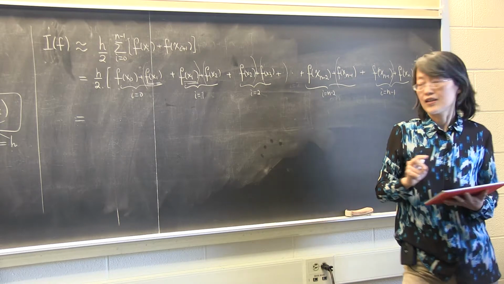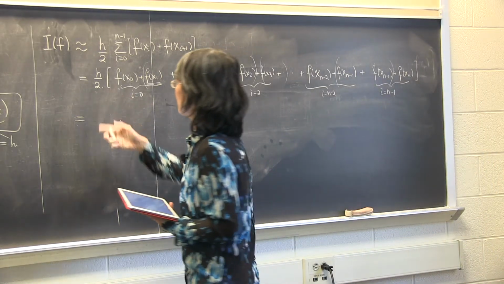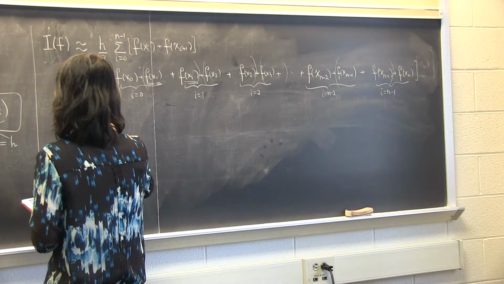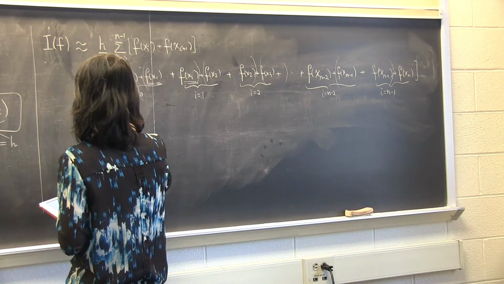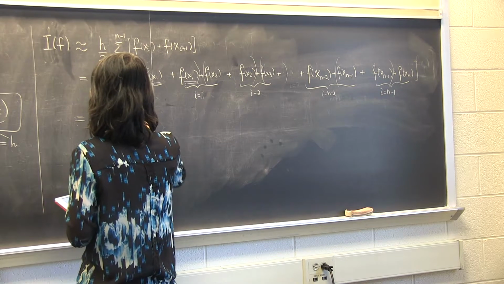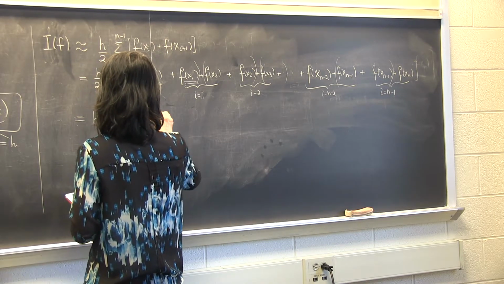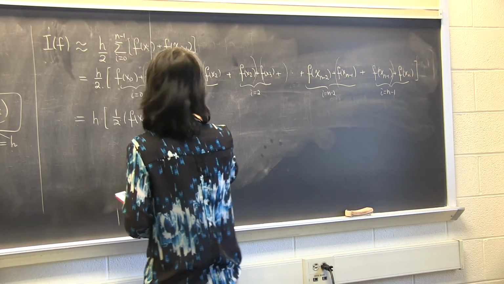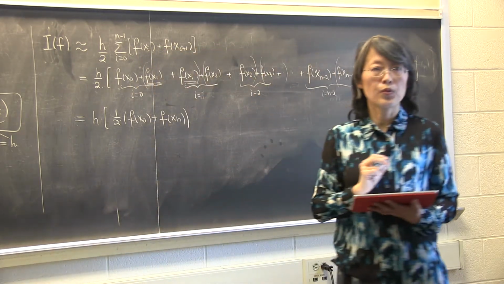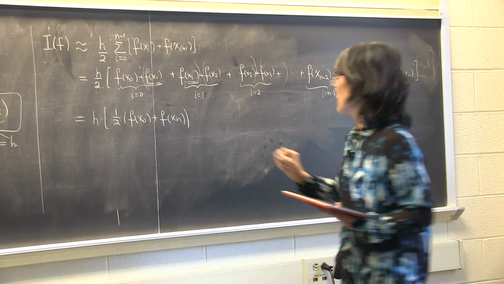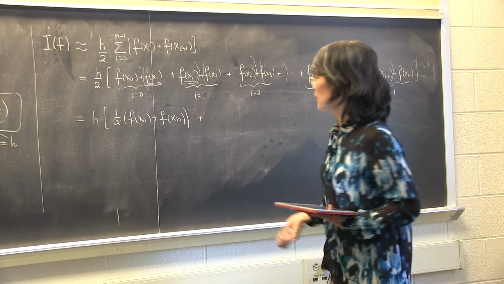Do we see? Okay, so consider the half there, so this will give me h times, I'll put in the half here, so a half of f at x0 plus f at xn. Okay, I take the two endpoints and take care of them first, and then what do I have afterwards?